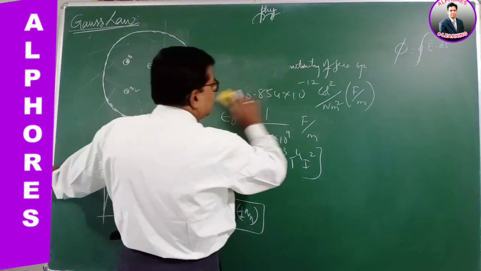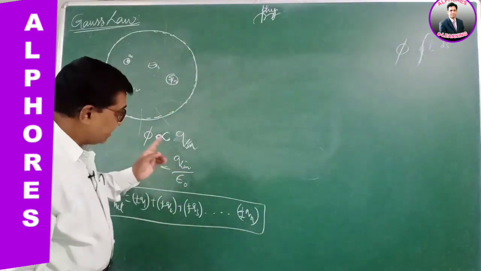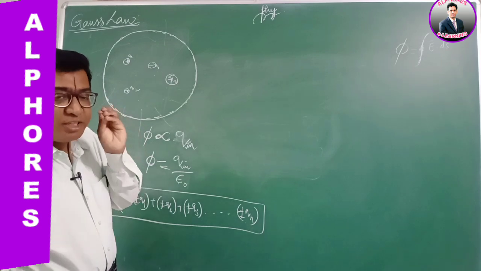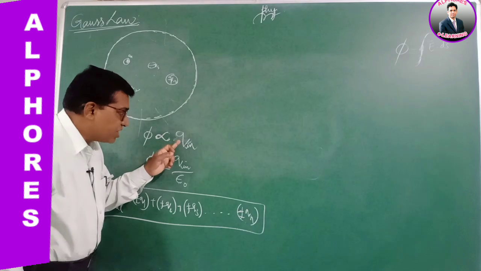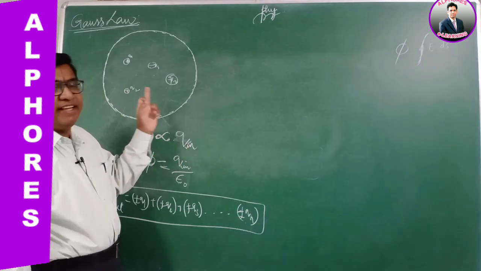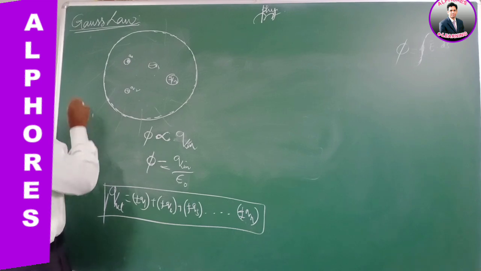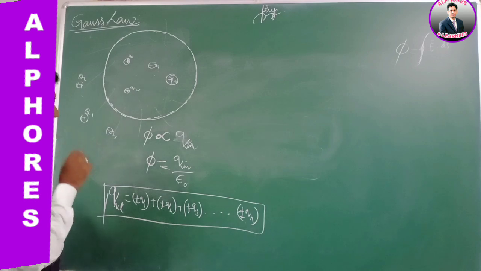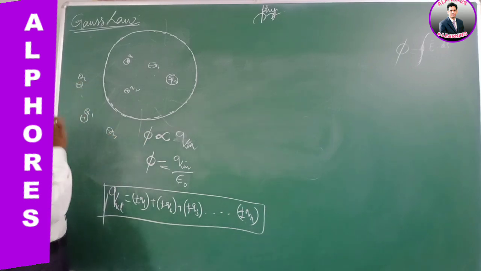So the flux through the Gaussian surface, mind you again, pertains purely to the charge that is present inside the Gaussian surface. If there are charges outside the Gaussian surface, let us say Q1, Q2 and Q3 are outside, then the flux is nowhere concerned with these charges.